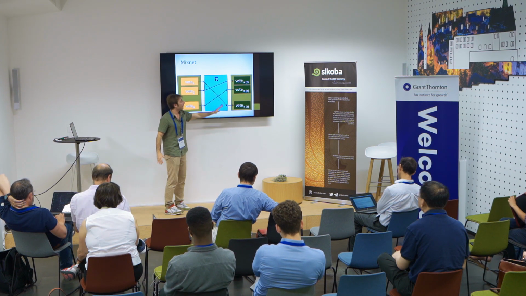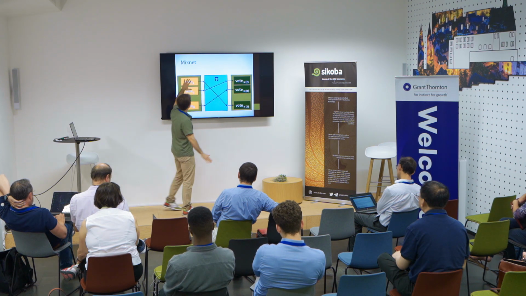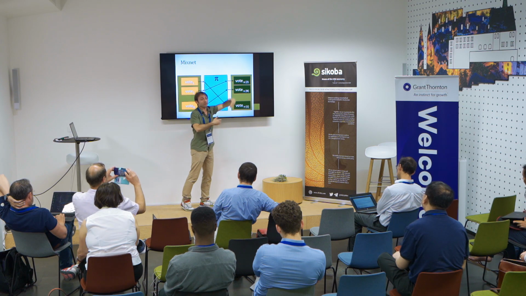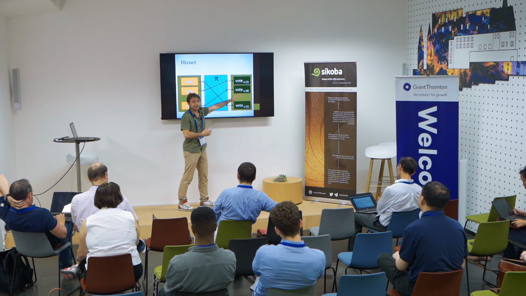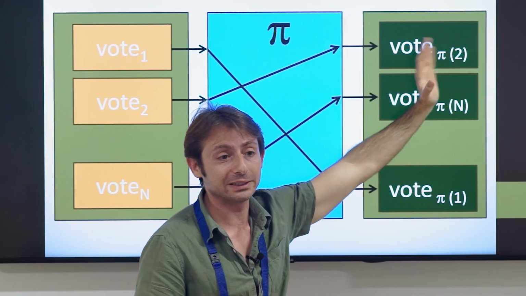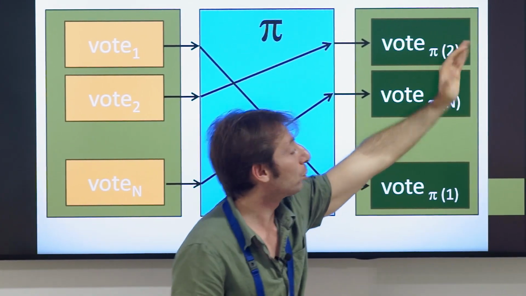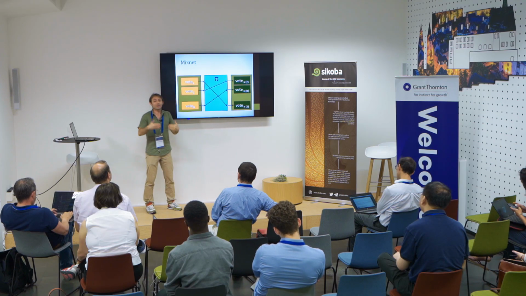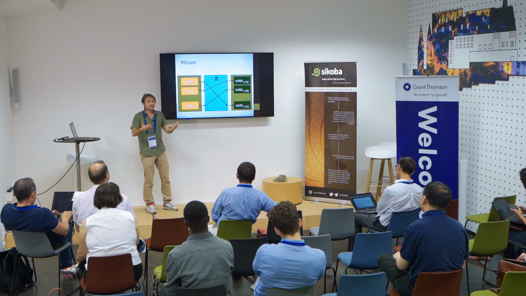Now, on the bulletin board, I will have the initial ciphertexts and these permuted and re-randomized ciphertexts. Now, the authorities can decrypt these ciphertexts and put the result on the bulletin board.